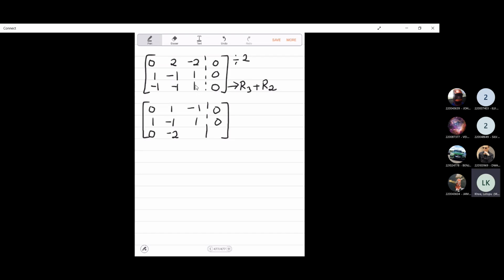And then 1 plus 1, this is 2. Then 0 plus 0 is just 0. Okay, then I can also divide this by 2 or negative 2.